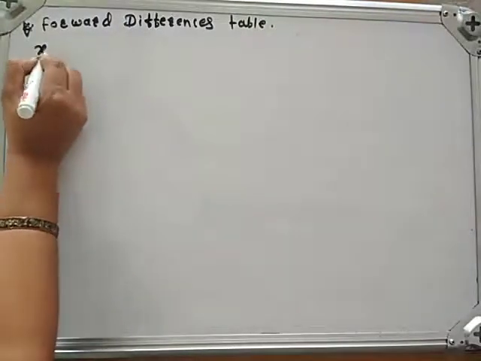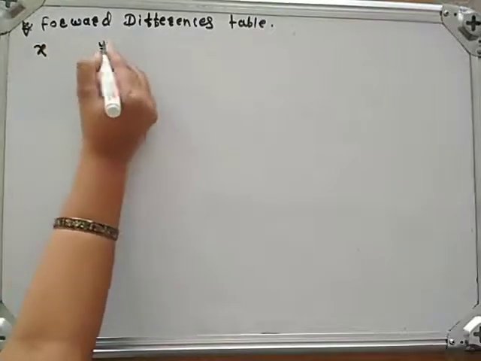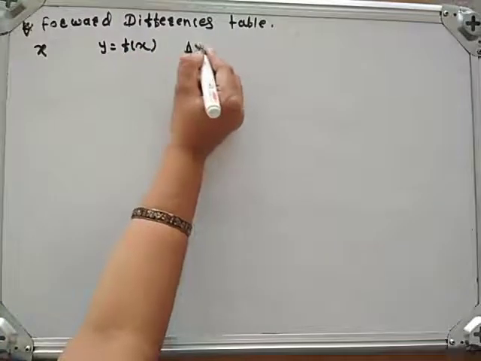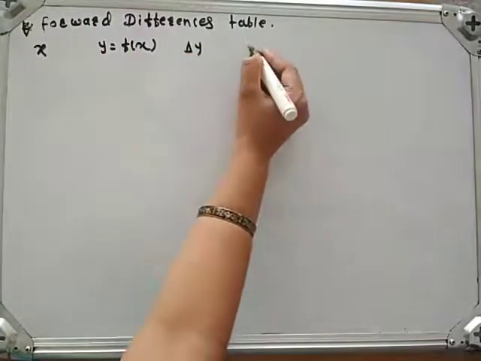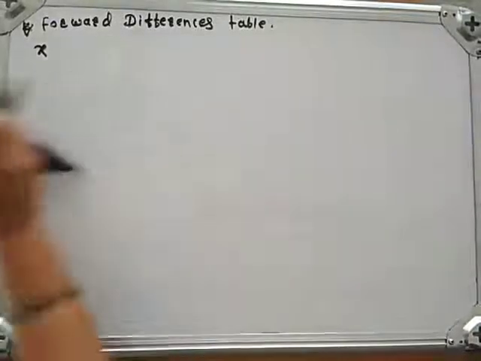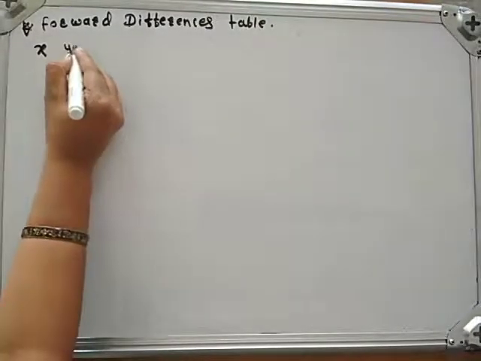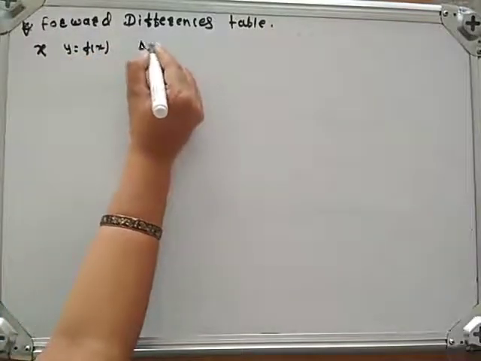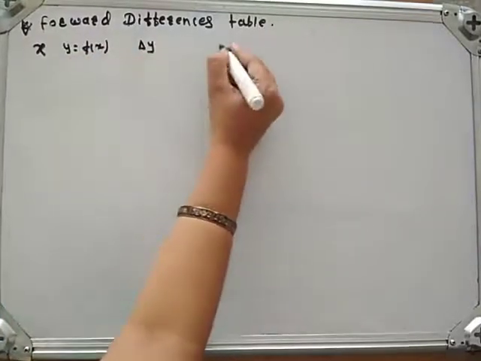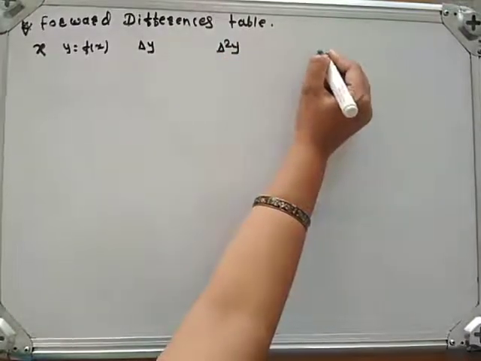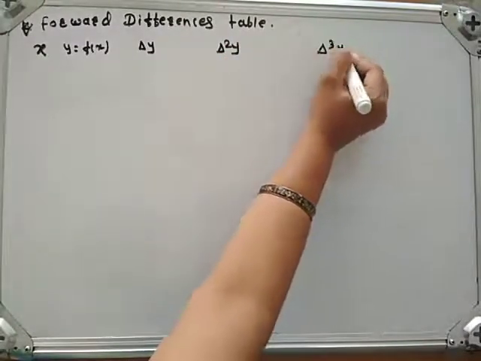Here is x, here is y equal to f of x, here is our delta y. Next is delta square y and delta cube y.